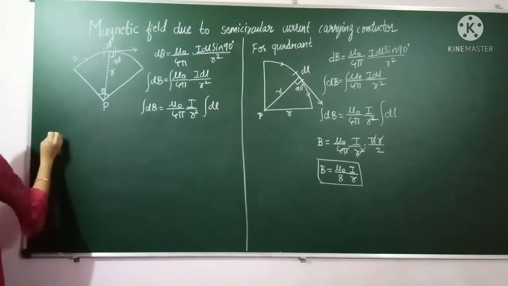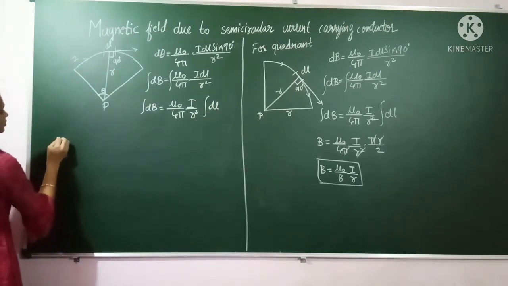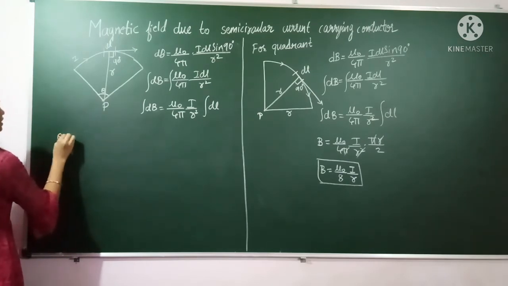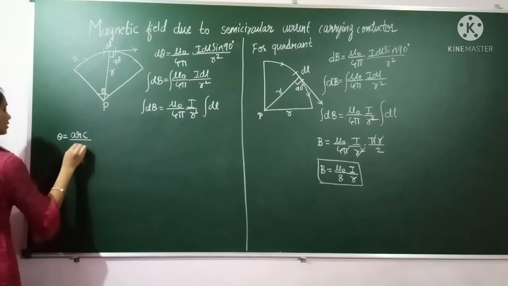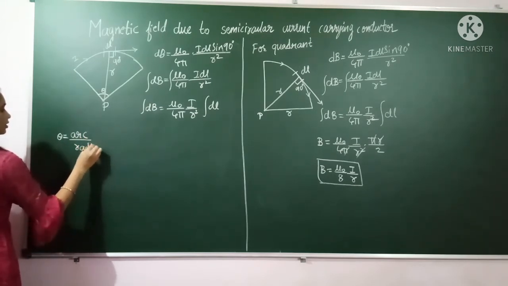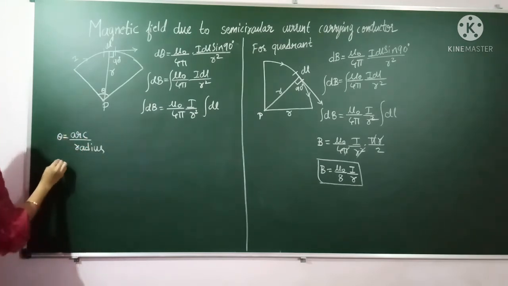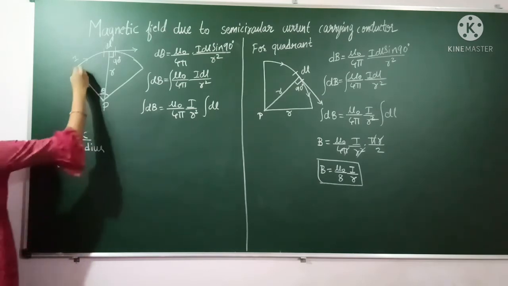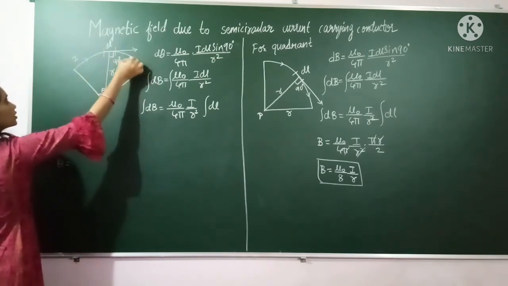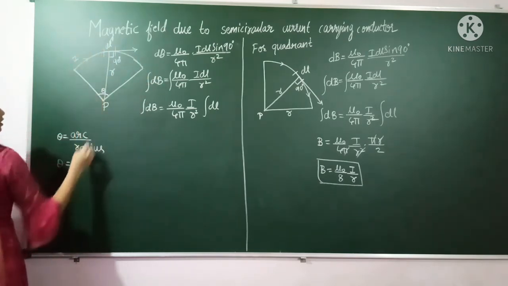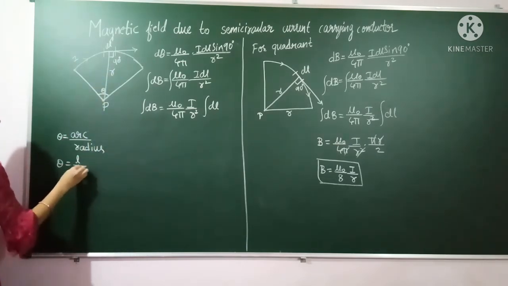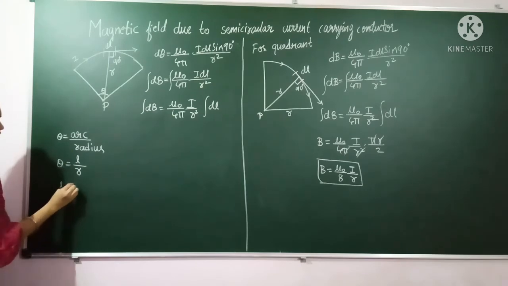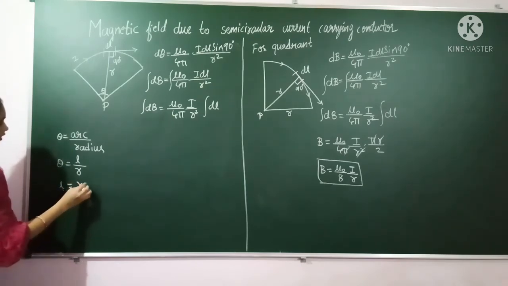For that we know the formula that theta can be written as arc divided by radius. Here the arc we will take as L, because it has some length L, and the radius is r. Now L can be written as L is equal to r into theta.